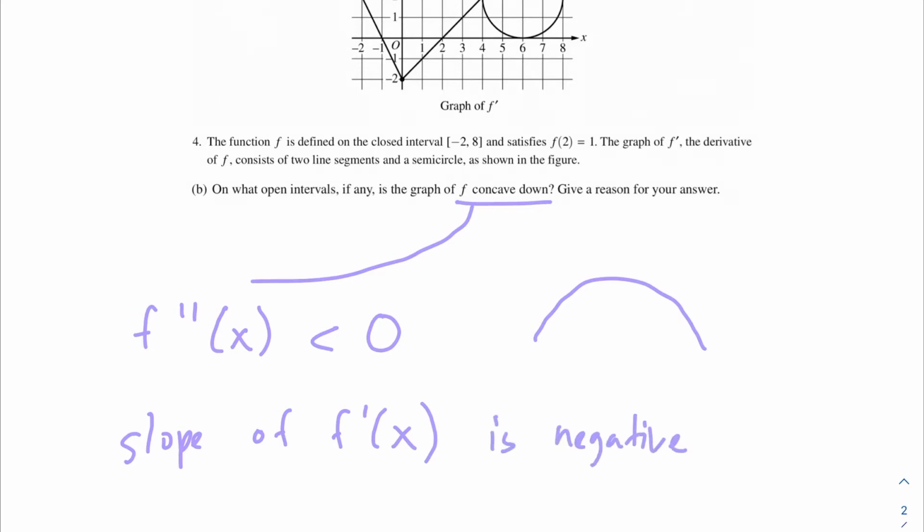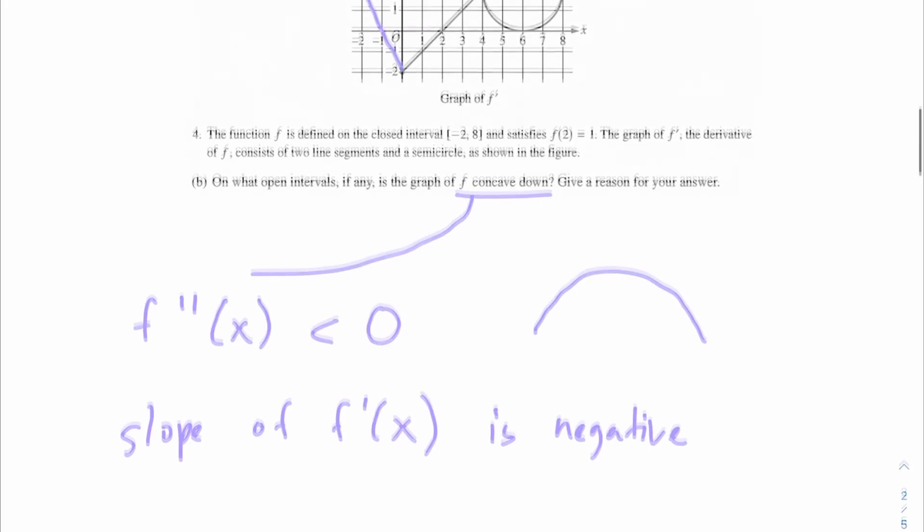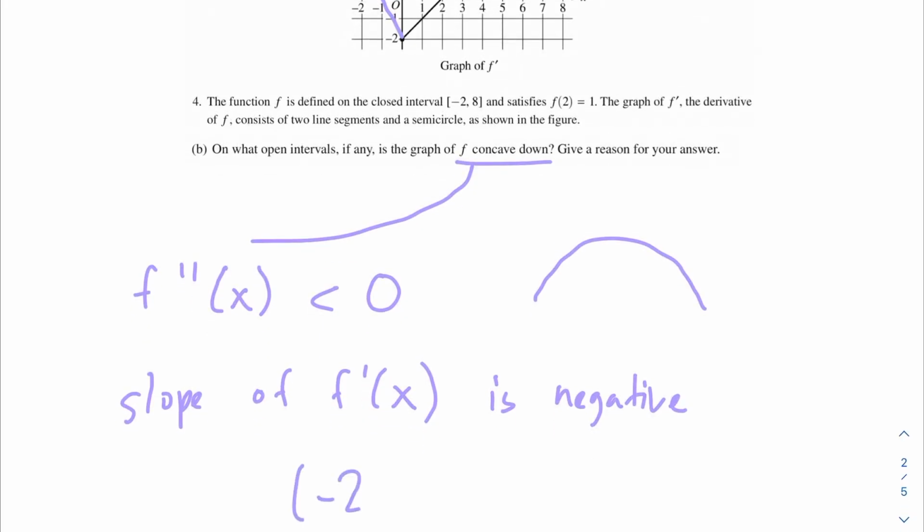Let's take a look at our graph. We start off with a negative slope, so from -2 to 0, the graph would be concave down because the slope of f prime is negative. So that would be from -2 to 0.